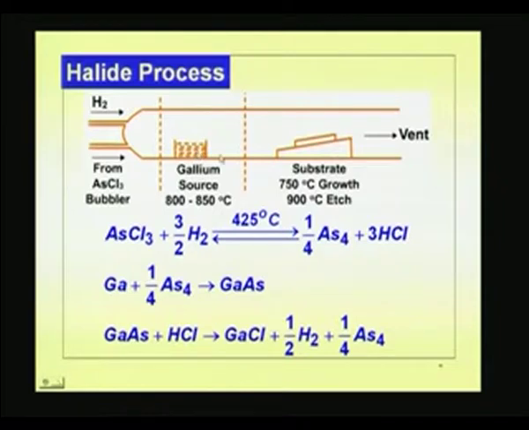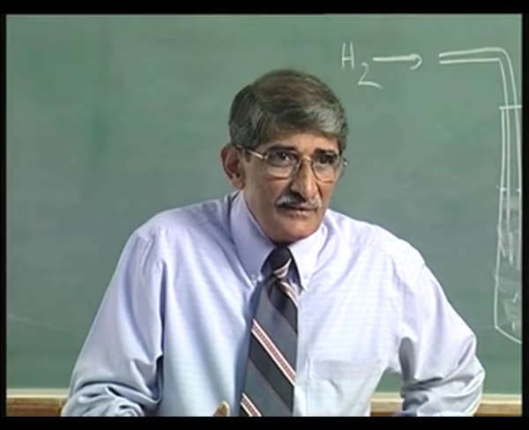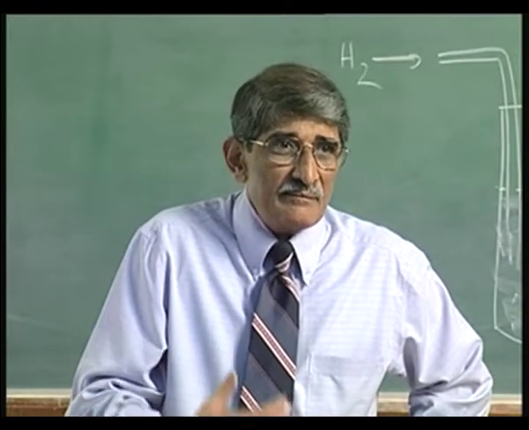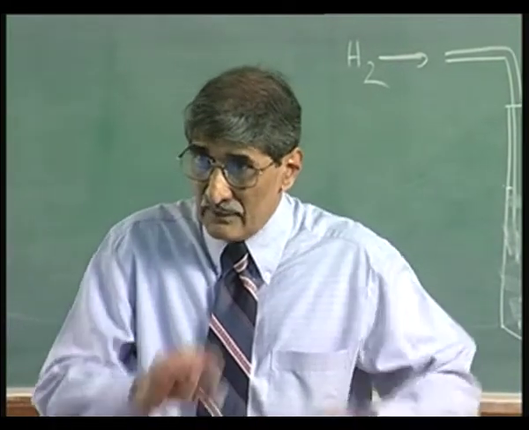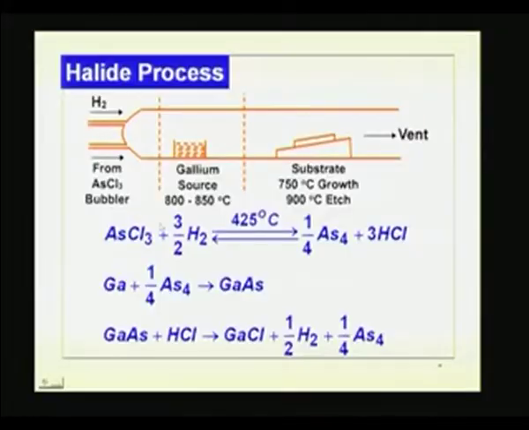Where you have kept the temperature at about 850 degrees centigrade, it will form gallium arsenide on the surface. You may have to keep it for several hours for that reaction to take place, to form a crust of gallium arsenide on the gallium surface. When I say several hours, even 24 hours, so that a crust is formed. Now, so you have a top layer of gallium which is converted into gallium arsenide.